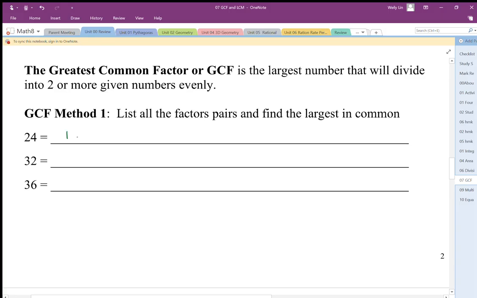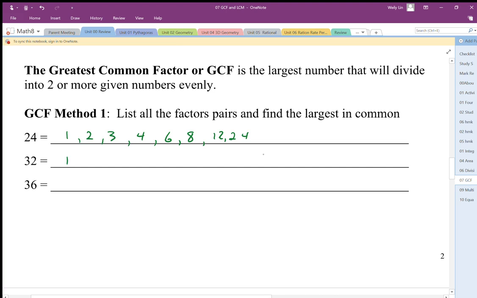So 1 and 24. We can have 2 and 12. 3 and 8. 4 and 6. I've listed them in order to be able to compare them easier, but the outsides pair, these ones pair, etc. I'm going to do the same with 32.